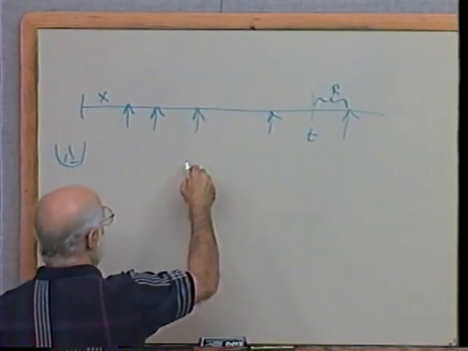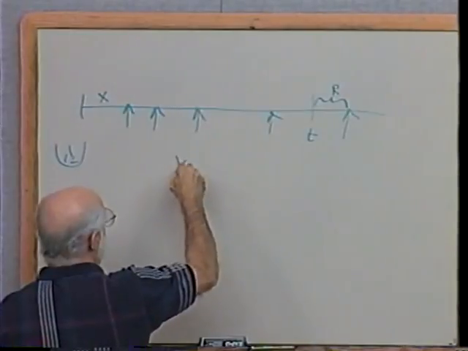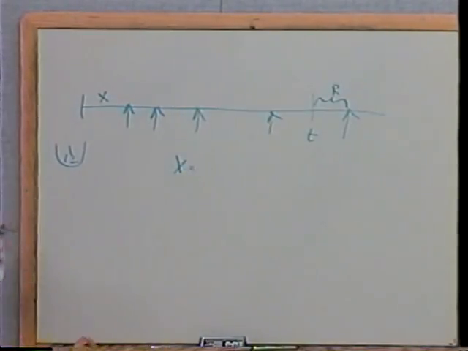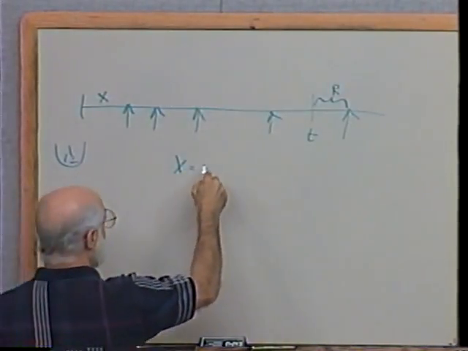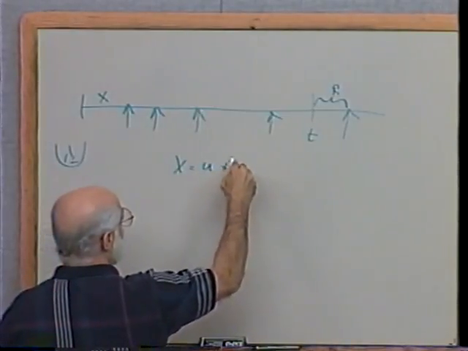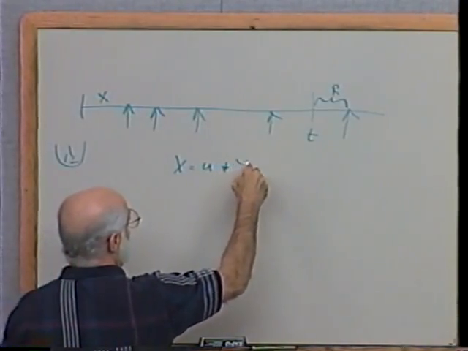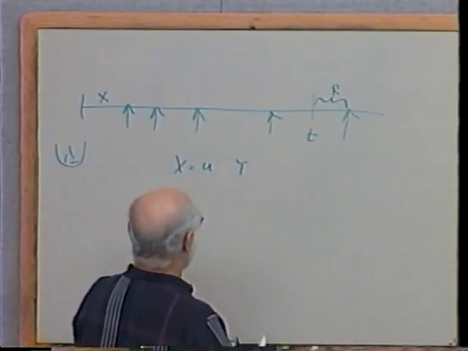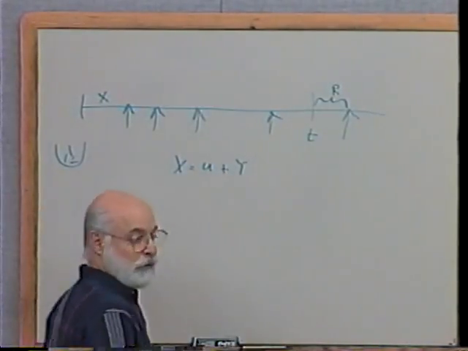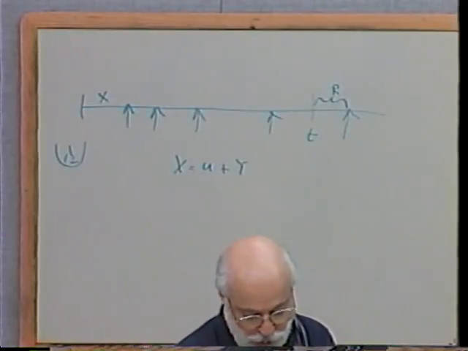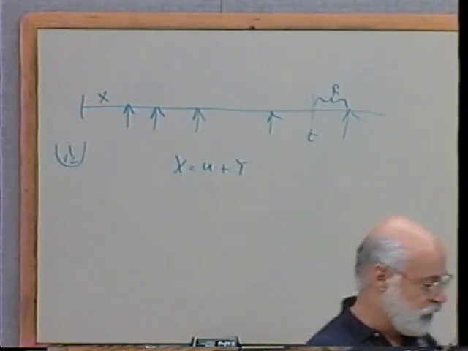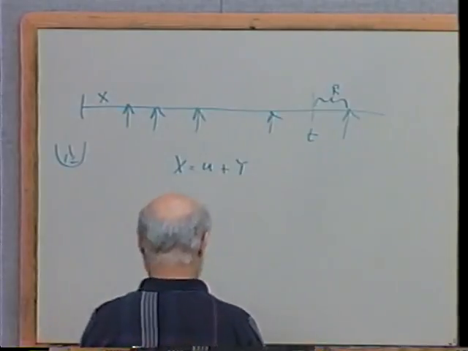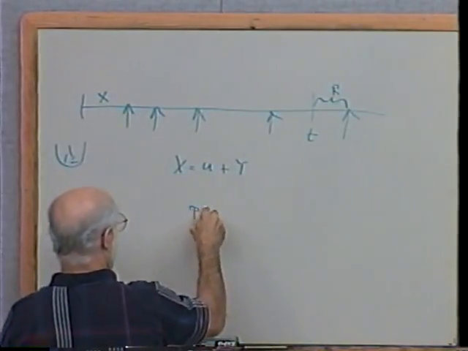Now I'm going to ask you to do the case in which the x's are given by a specific form, namely a constant u plus a random value y. And then I'm going to give you the distribution of the y's. Here are the y's. The y's are defined as follows.